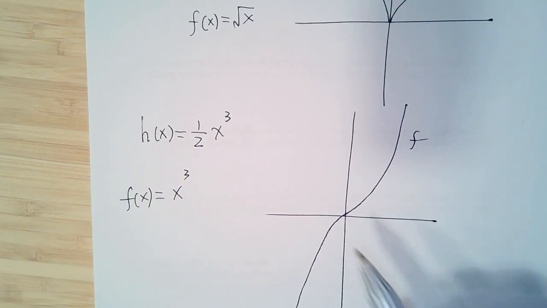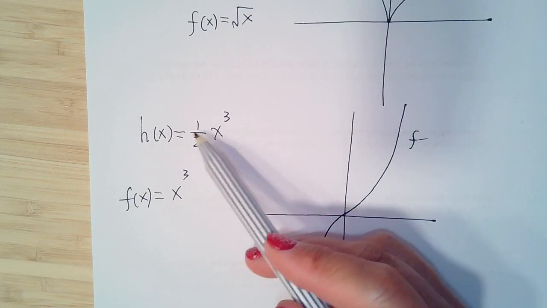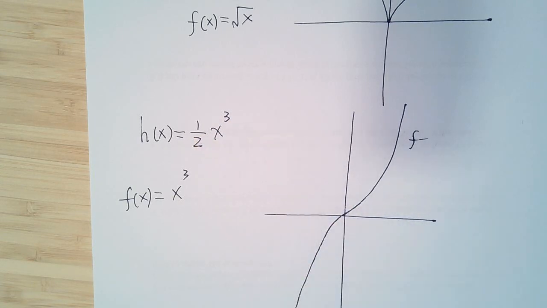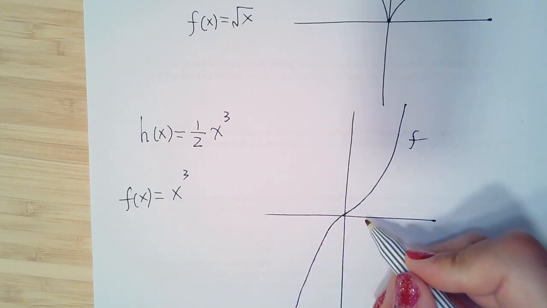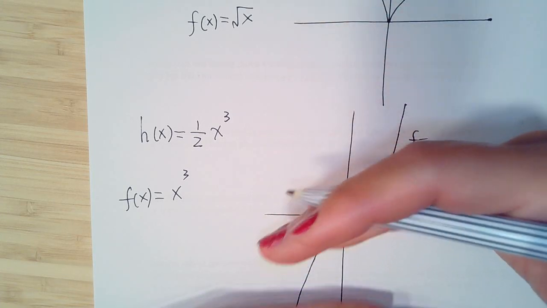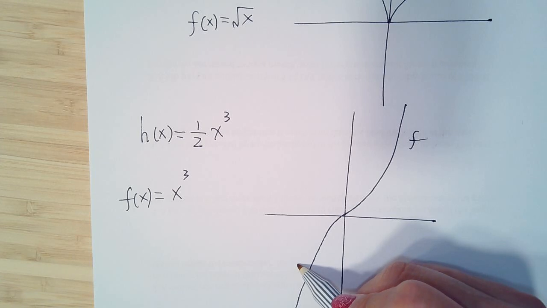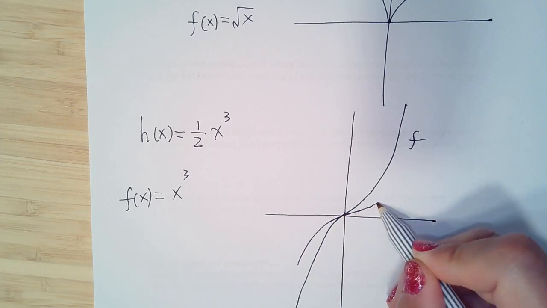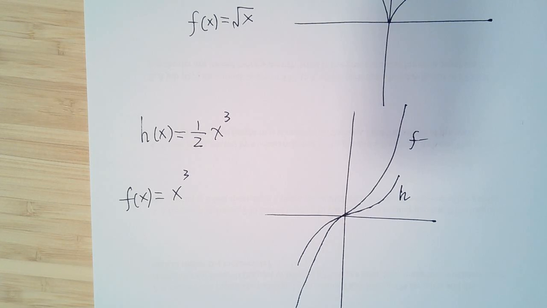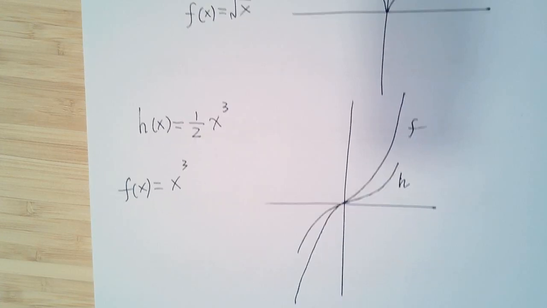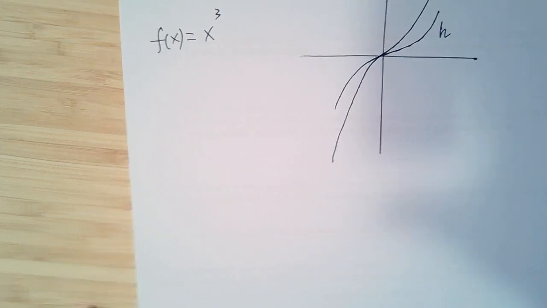So after you do x cubed, you multiply by 1/2, which means your y will shrink by 1/2, so you're going to compress it. So this is like half of the height, and that is your h. Okay, isn't it interesting? More. I think we're starting to have more fun.